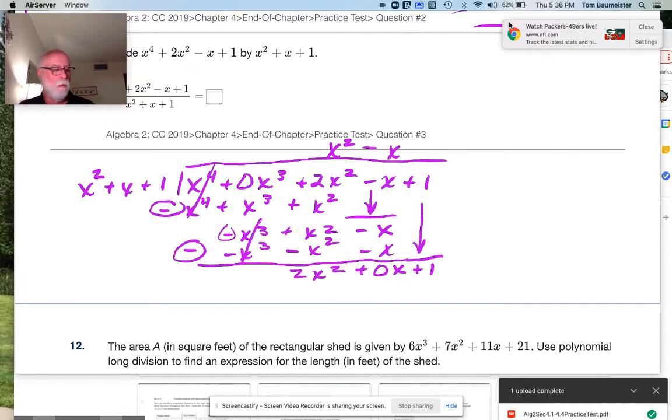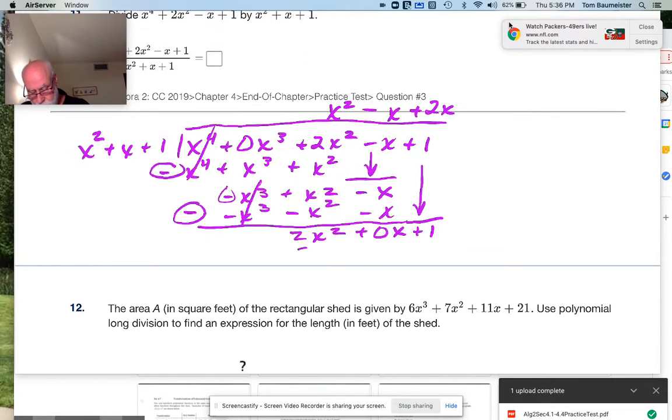Okay, so now I'm going to do the same thing one more time. X squared times what gives us 2x squared? And you would tell me it would be plus 2x. All right, and when I do that, I'll get 2x squared here.